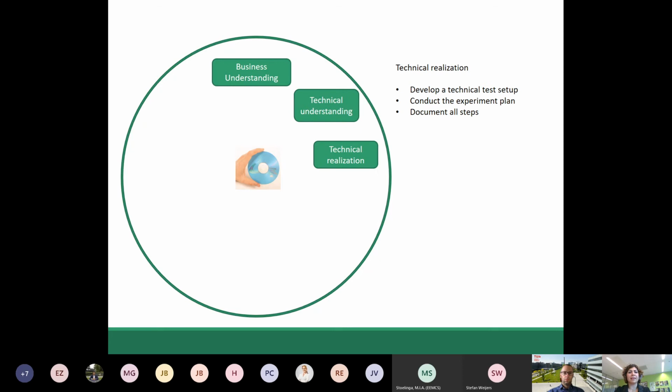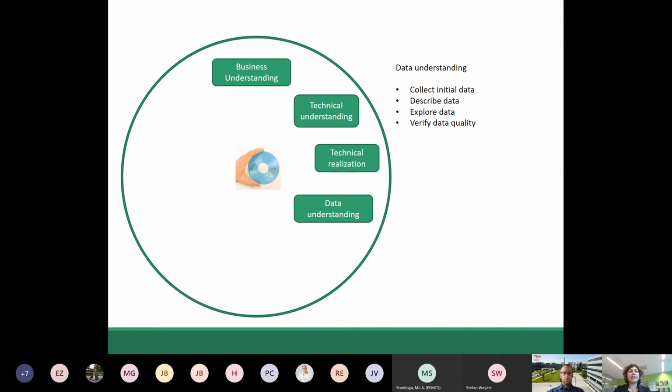Then there is technical realization. This chapter is related to building the test setup. So it is about developing a technical test setup, conducting the experiment plan, and documenting all steps. The next chapter is data understanding.